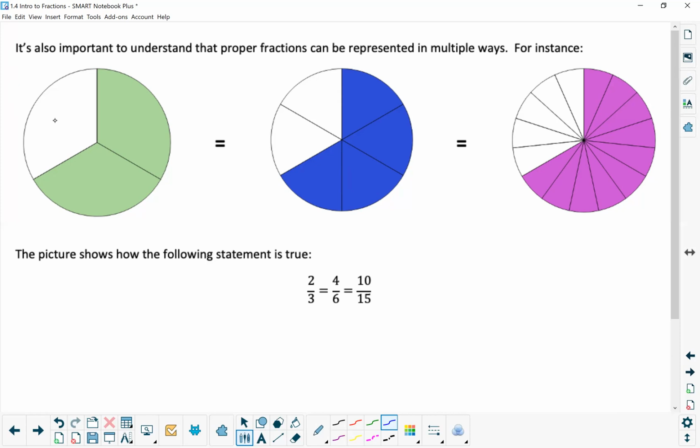I could go back to that 2/3 and take each of the 3 sections and divide it into 5 sections. So now I have 15 total pieces and 10 that are shaded in for 10 over 15. All of those are equivalent. They all represent the same portion, just written a different way.